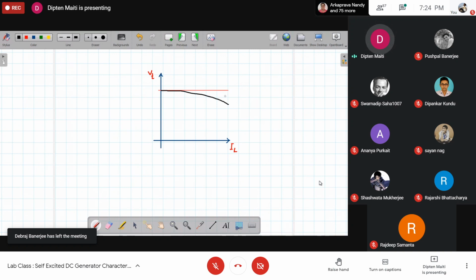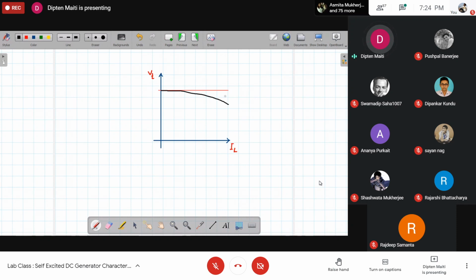Now the problem with the shunt generator is that once the terminal voltage drops, because the field winding is connected in parallel to the armature, across the terminals, the voltage across the field also drops. Due to that, the field current also reduces.